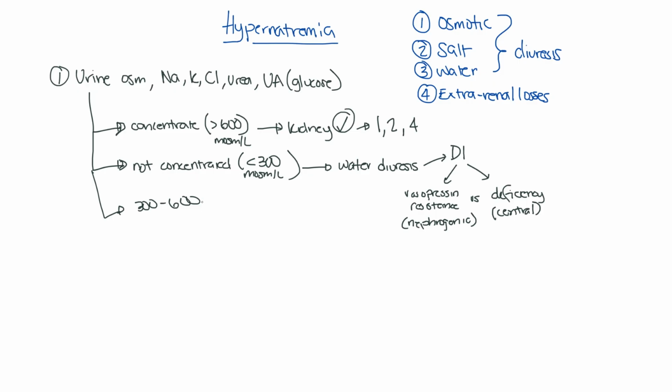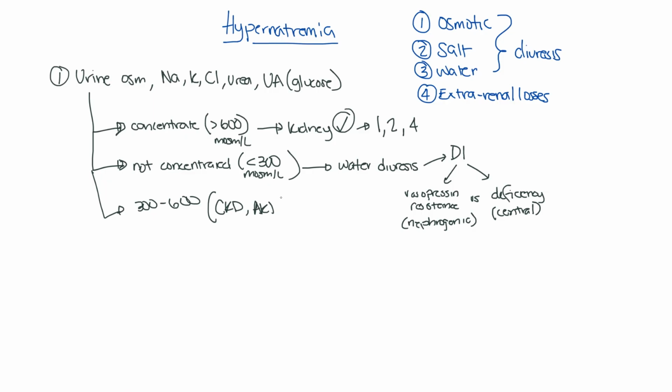And then there is a gray area of 300 to 600 that we may see where you should expect the kidney to concentrate, but for some reason it's not concentrating. Now, this could be water losses or partial diabetes insipidus, partial vasopressin resistance. But this could also just be because of really bad CKD or acute kidney injury, which we see frequently in the intensive care unit.